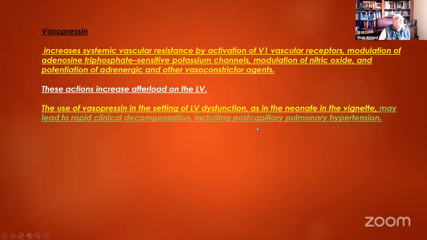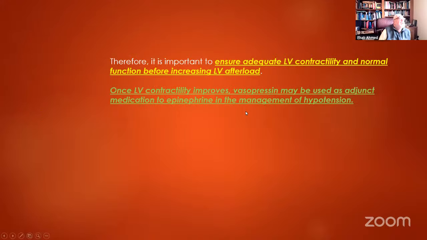It will make the condition worse because it increases systemic vascular resistance, by activating V1 vascular receptors, modulation of adenosine triphosphate sensitive potassium channel, modulation of nitric oxide, and potentiation of adrenergic and other vasopressors. So it's not a drug of choice at all.